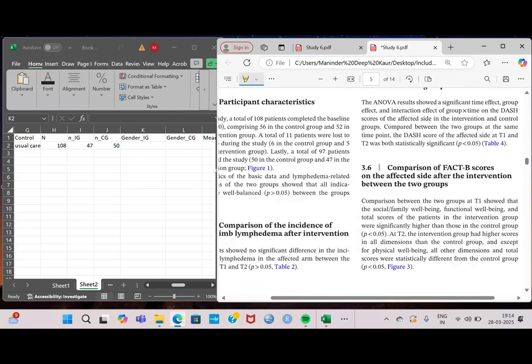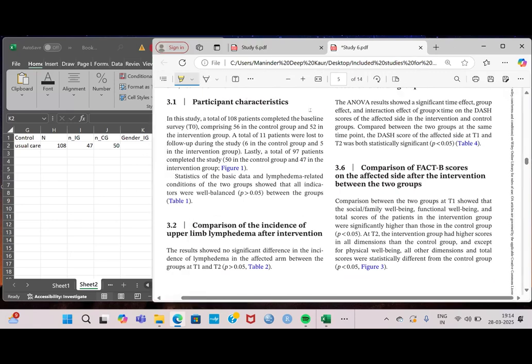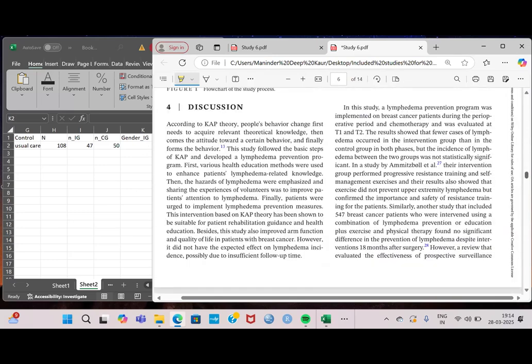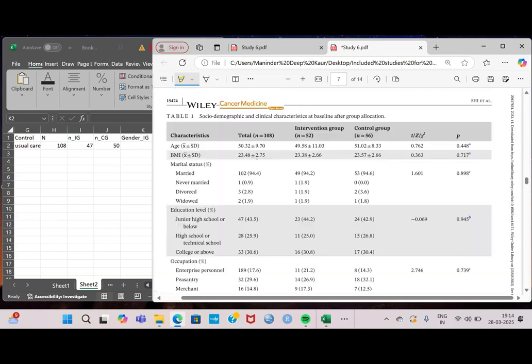This is the study characteristics. 108 participants because 11 participants were lost to follow-up. Whether they have given any information regarding gender-wise distribution, I will see here. No, they have not told about gender-wise, because you have to think critically about this point. We have made one mistake here. This is also very important.